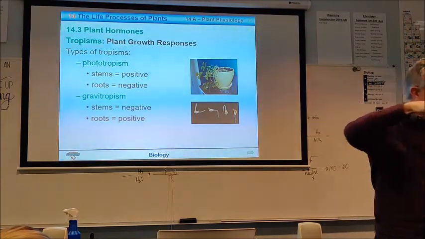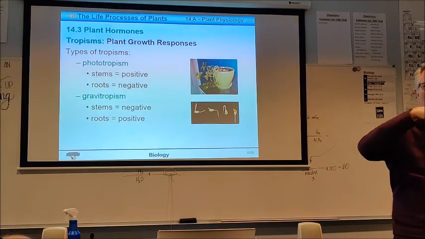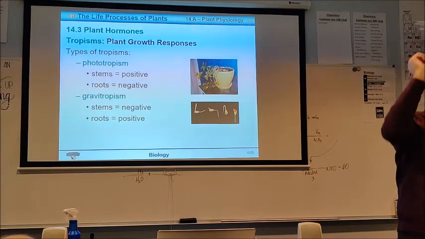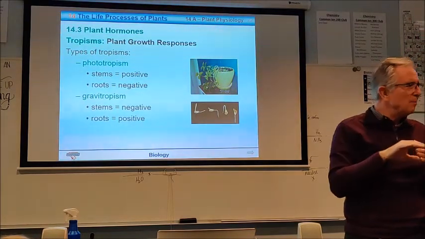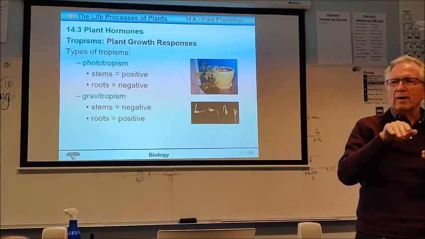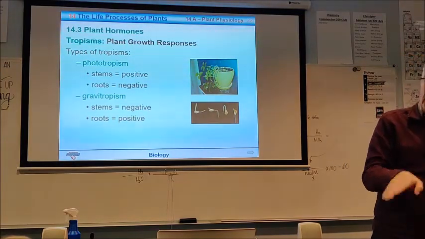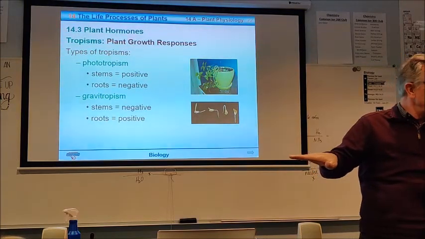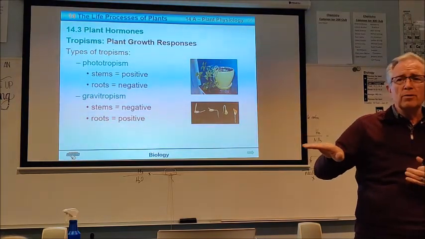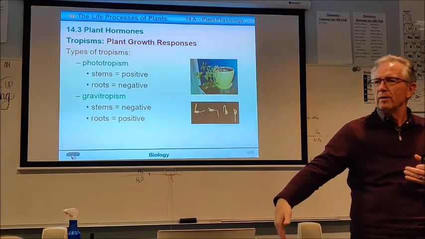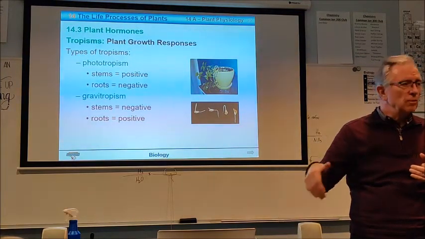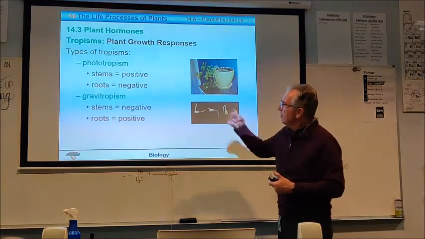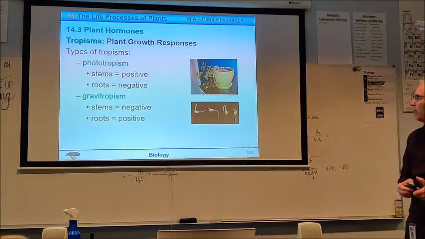So the part that's already grown will be sideways, but the new part will bend and go up away from gravity. If you were to look at the roots underneath the soil, they were growing down, but now it's tipped over on its side. So those are horizontal, and all the new roots will grow downward towards gravity. So roots have positive tropism for gravity. Stems have a negative tropism for gravity.